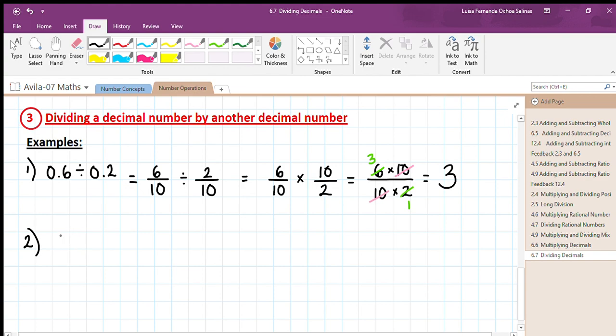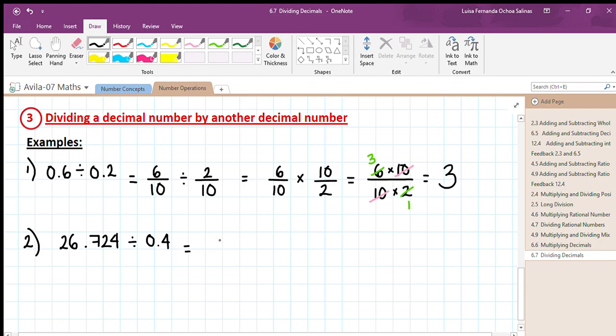So this one is going to be a little bit more complicated. So 26 and 724 thousandths divided by 4/10. Okay, so we're going to use the same method. We're going to change both decimals into fractions.